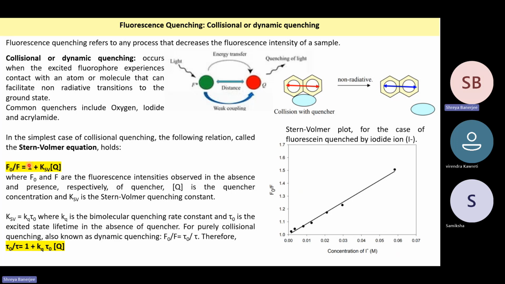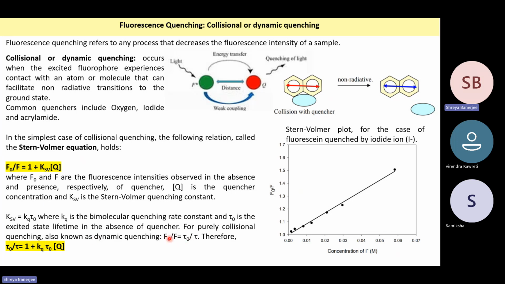That is, F will become lesser, because the more quencher there is, the less the fluorescence intensity. So the Stern-Volmer equation says that as we increase the concentration of the quencher, the intensity of fluorescence will decrease because more energy is transferred to the quencher. So the net fluorescence intensity will decrease. That is the Stern-Volmer equation.